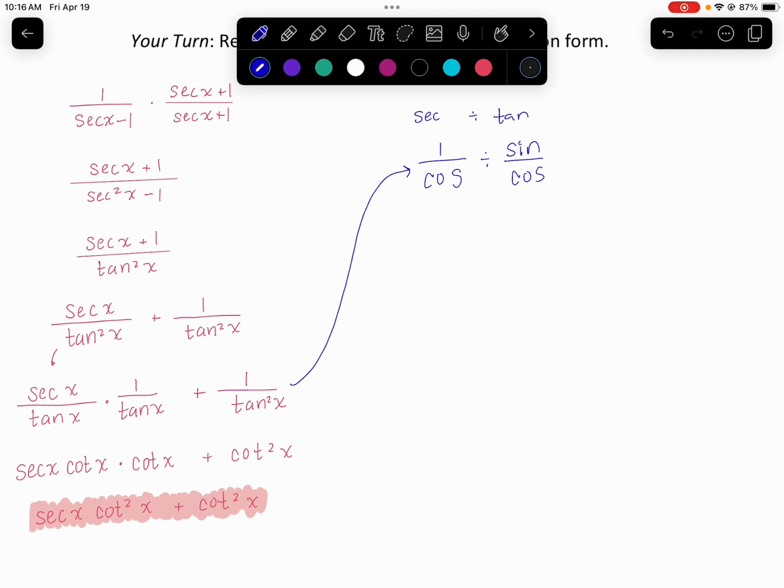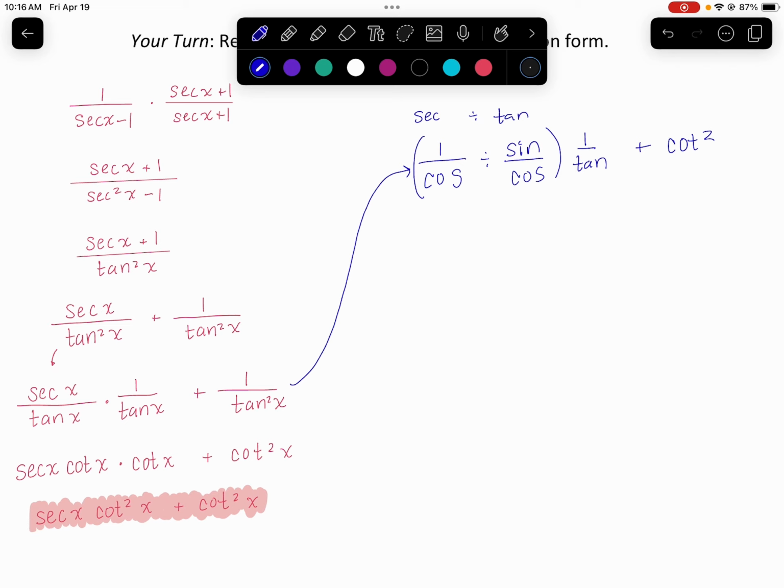So I have that. And then I had times 1 over tangent, so I'm going to keep that times 1 over tangent for now. And then I'm still going to rewrite 1 over tangent squared as plus cotangent squared.